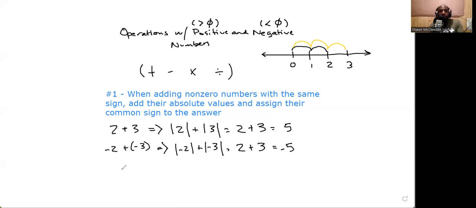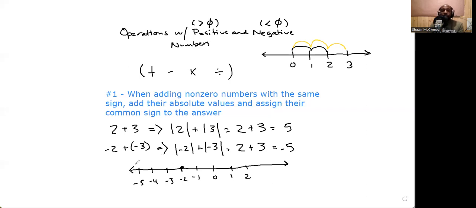Okay. So just let me illustrate this too. And you can do this perhaps as you get more used to everything. So let's say you had this number line here. And let's say you start at -2 and you wanted to add -3. So to add -3 is basically you're just adding in a negative direction.